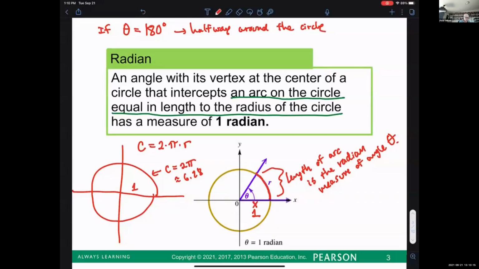So that would mean that in radians, theta would be 1/2 of all the way around the circle, which is 2 pi, or 1/2 of 2 pi. And if I multiply 1/2 times 2 pi, I get just pi.